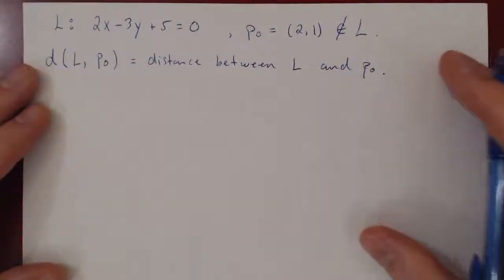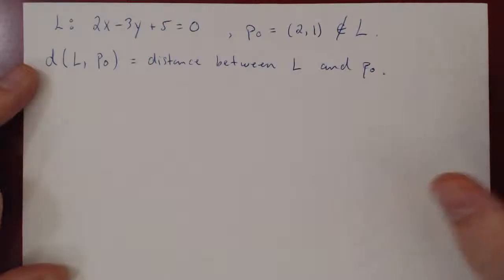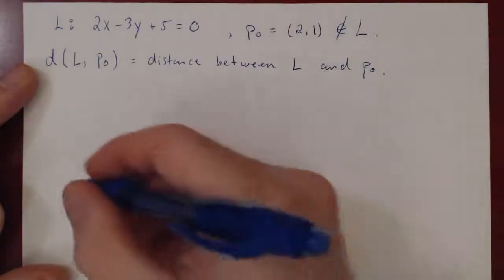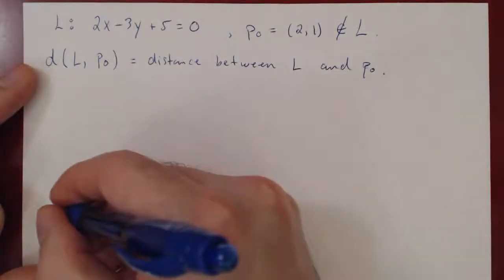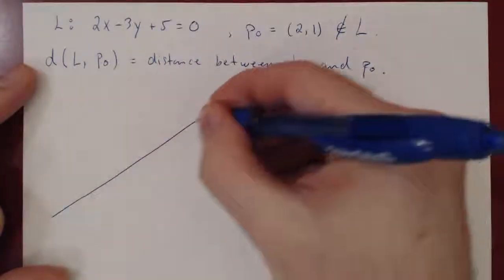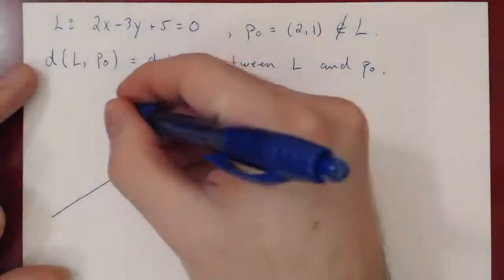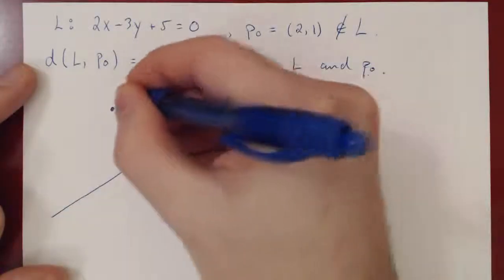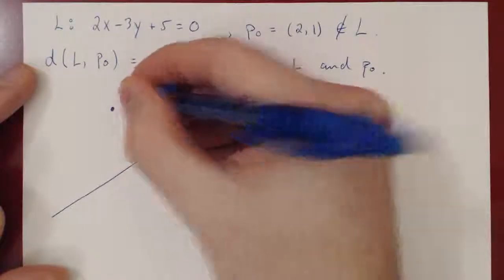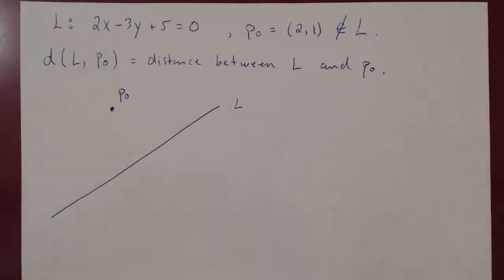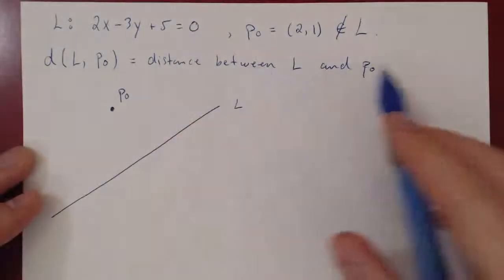So let's draw a generic line and a generic point. I will always draw the following picture in the same way. I'll draw my line this way, and I'll draw the point, say, up here. This is P naught. The question is, how do we figure out the distance between this point and this line?